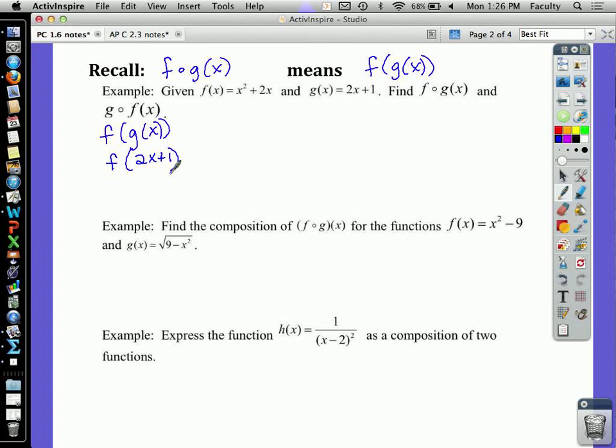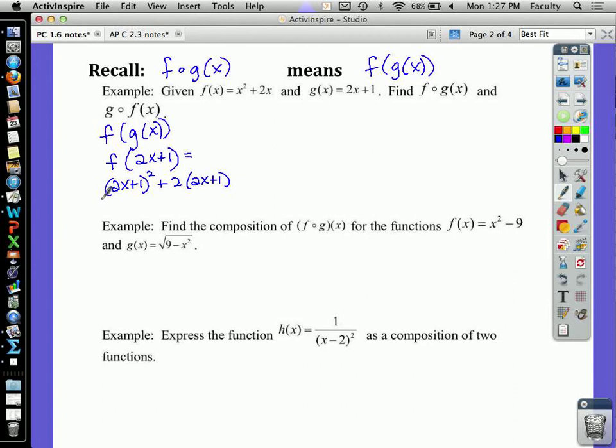So I'm really looking at f of 2x plus 1, and f of x says take the input squared plus 2 times the input. So my input is 2x plus 1, and again, it's like a direct substitution. You're doing (2x plus 1) squared plus 2 times (2x plus 1).